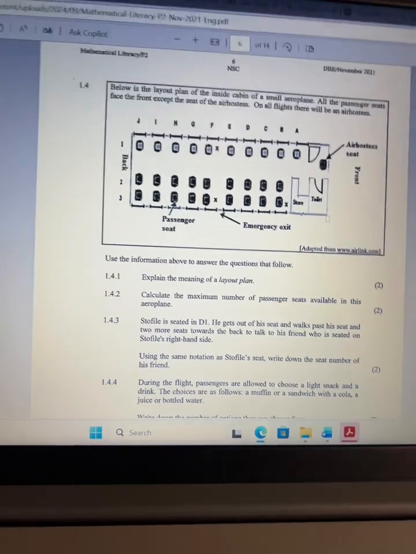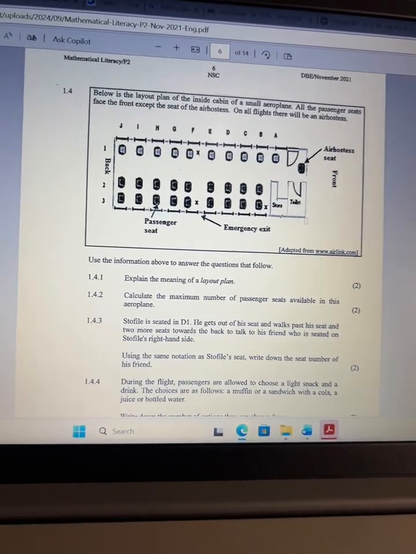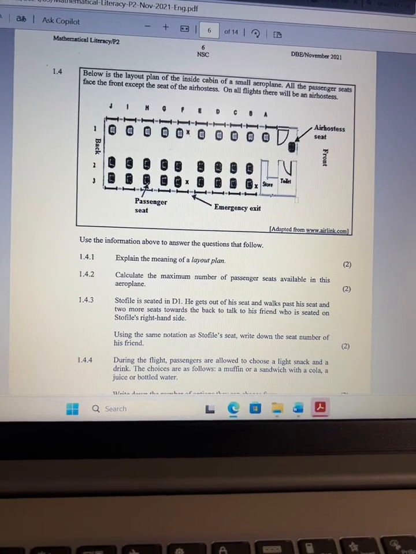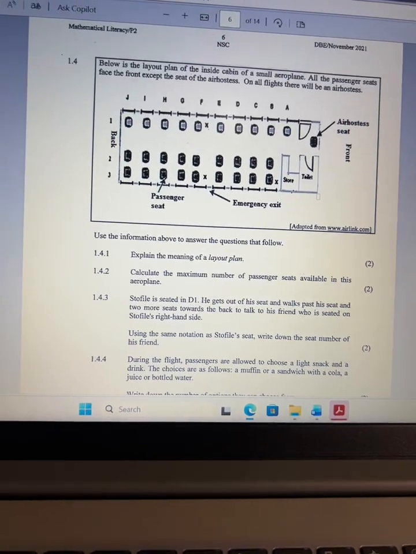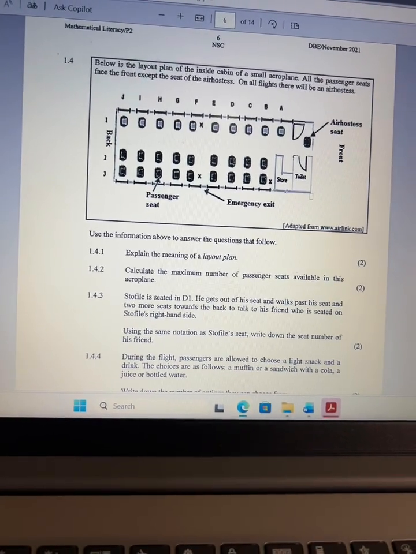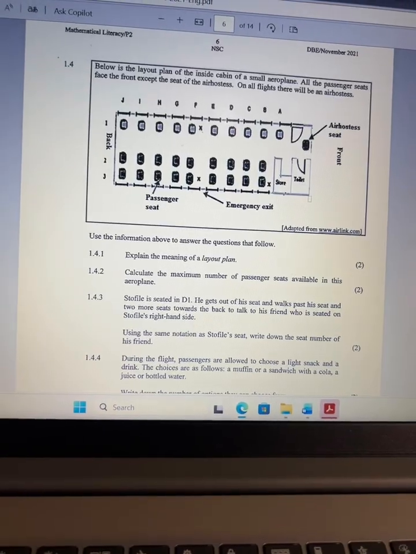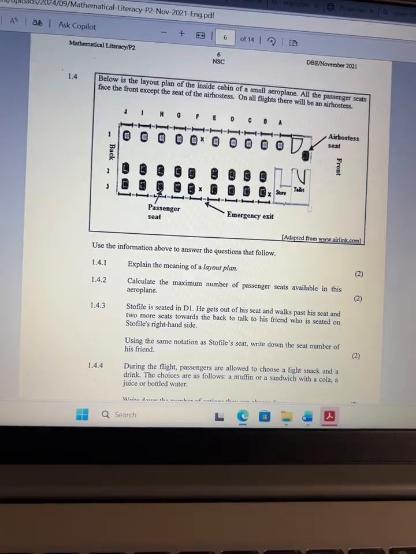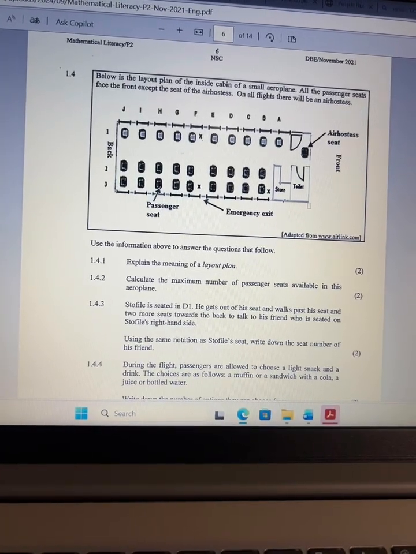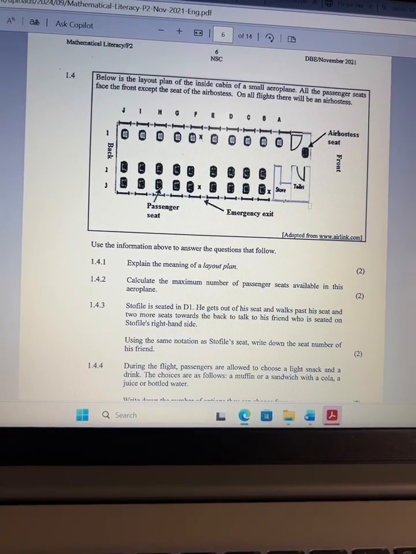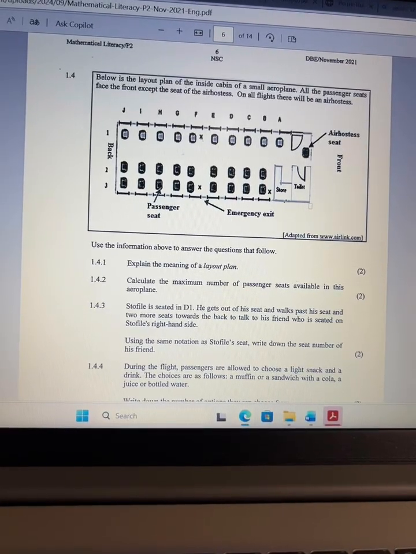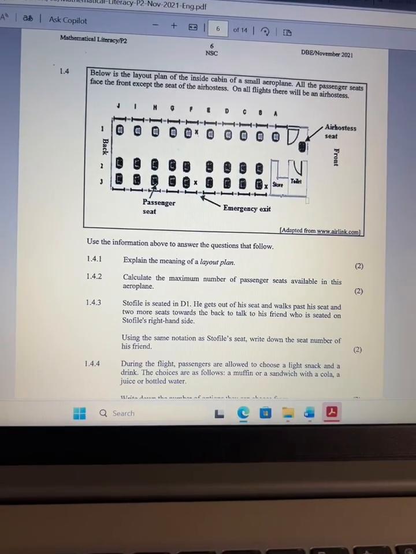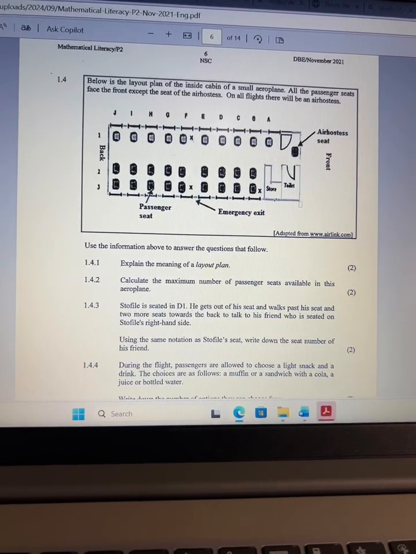When we talk about a layout plan, we are talking about a plan showing the arrangement or placement of things. So in this scenario, we are shown the layout plan of the cabin of the small aeroplane, the arrangement of the inside cabin.